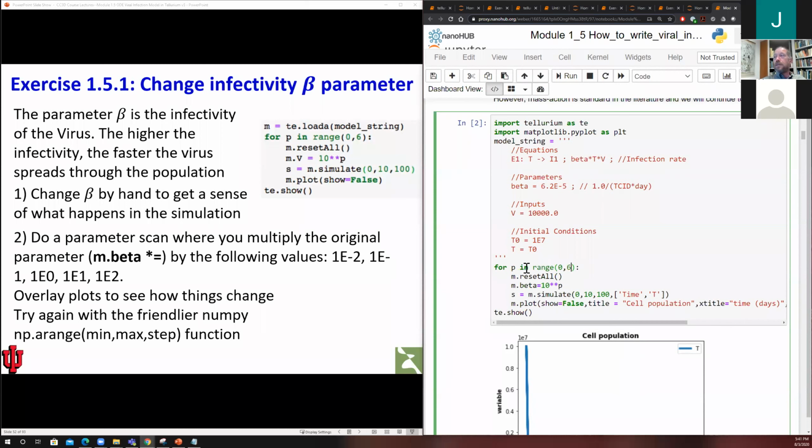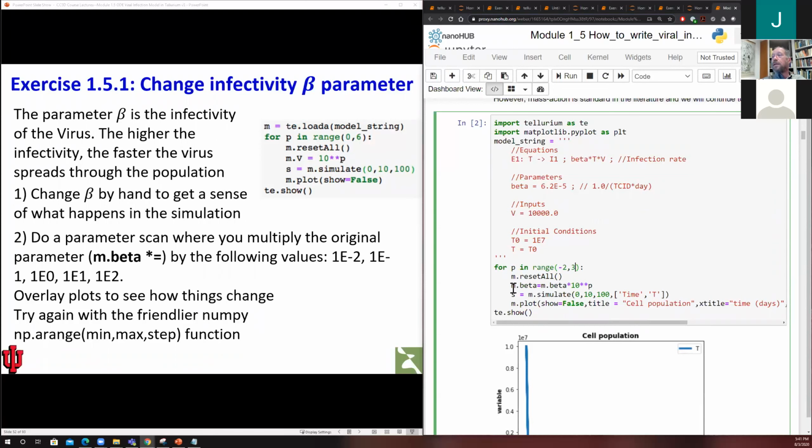Anybody have any luck getting this to work? m.beta times p will work, yes. So we could say m.beta equals m.beta times 10 to the minus 2, minus 2 to 3. See about that.